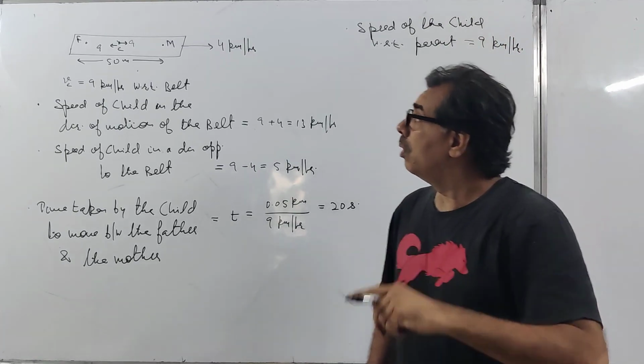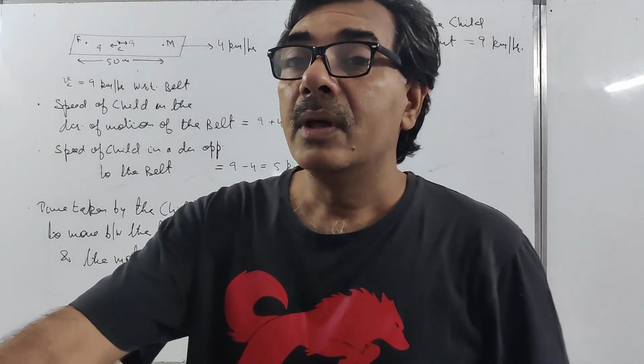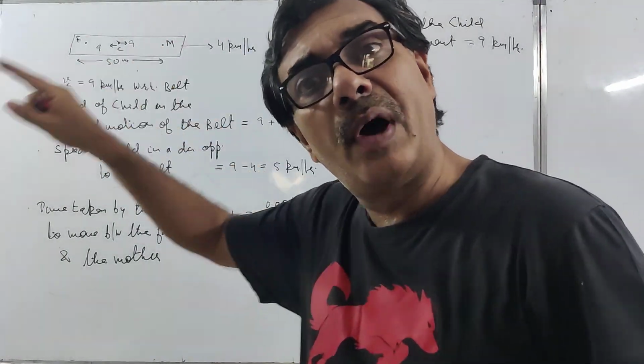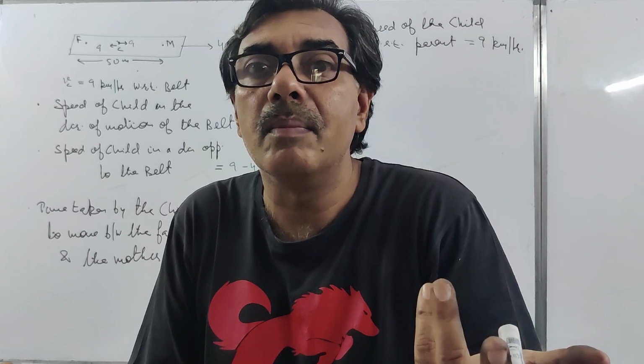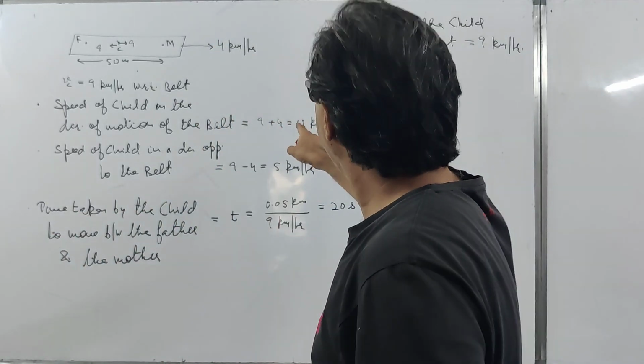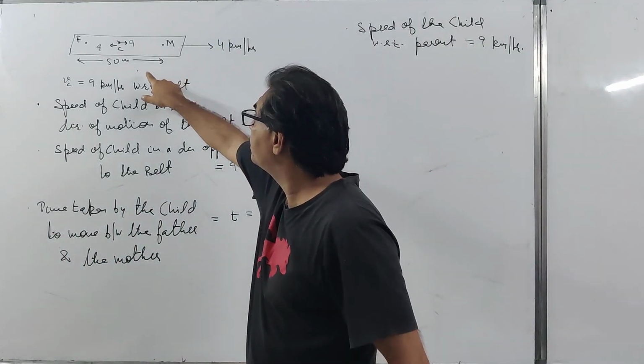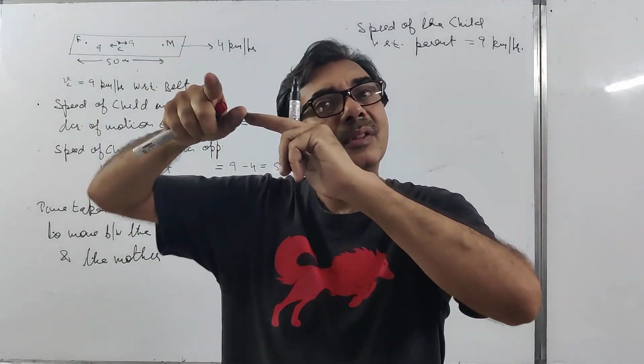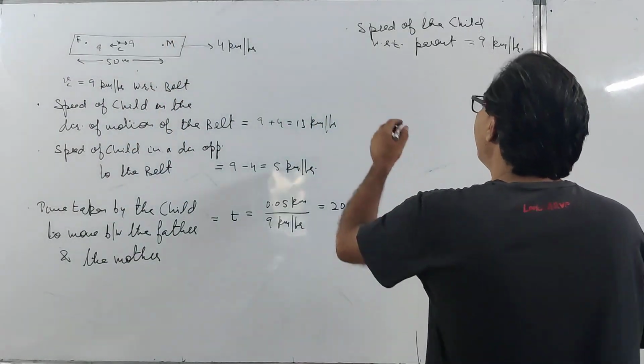And also the time taken to move from the father to the mother or from the mother to the father is going to be the same, because the speed of the child is 13 kilometers per hour with respect to a person outside. With respect to the father and the mother, the speed is the same. What an interesting question.